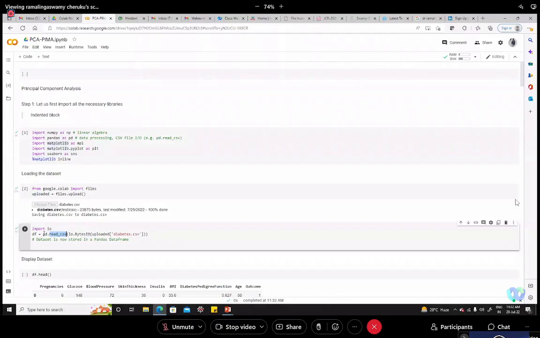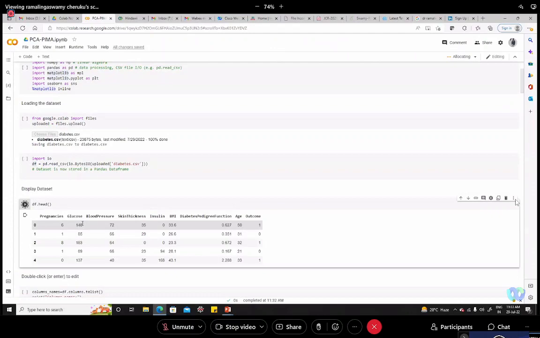Once I store it in my data frame, let me display the contents. My data frame is now loaded with the data set. It has 9 features, the last being the class label, the supervised information, and it has 768 records.